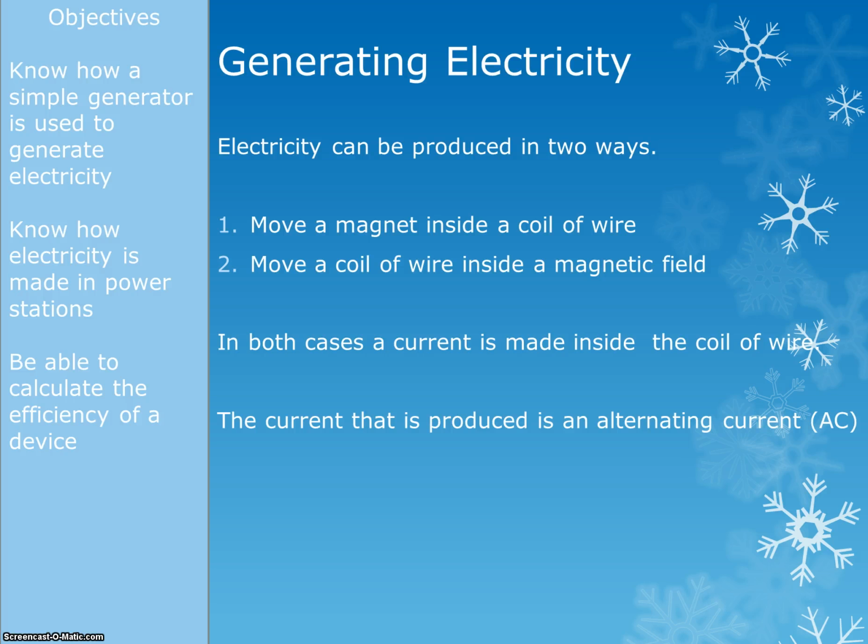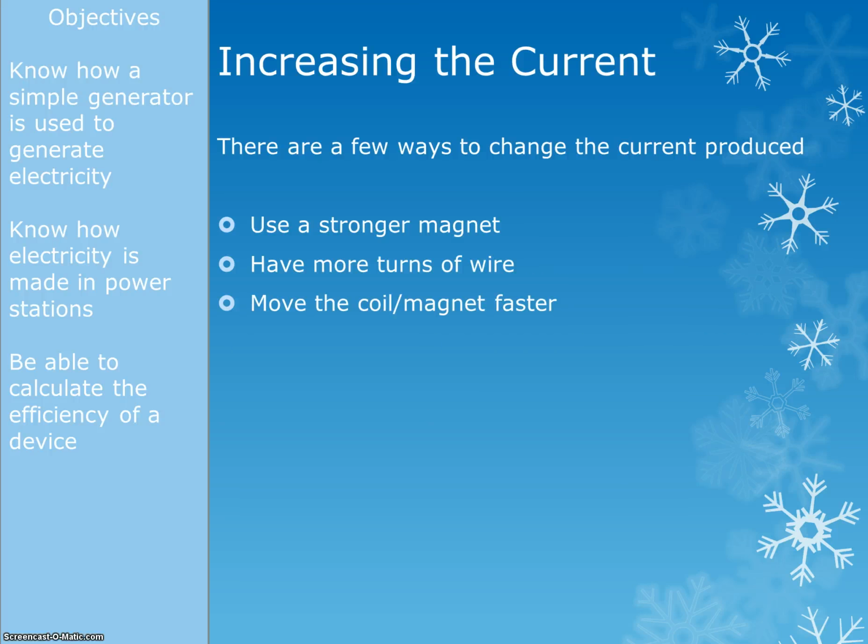So if you think about the idea of where we had the magnet going in and out of the coil, when the magnet's going in, it'll make the electrons move in one direction, and when it comes back out again, it'll make them go in the opposite direction. So it goes backwards and forwards. So that's why it's alternating current. Don't worry about getting your head around how it's alternating when we're rotating things. Just trust me, it is. You don't need to know the fine detail on this one.